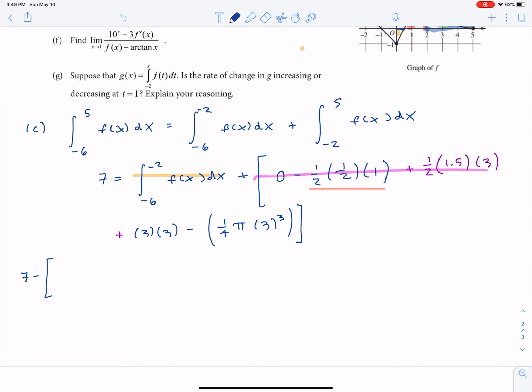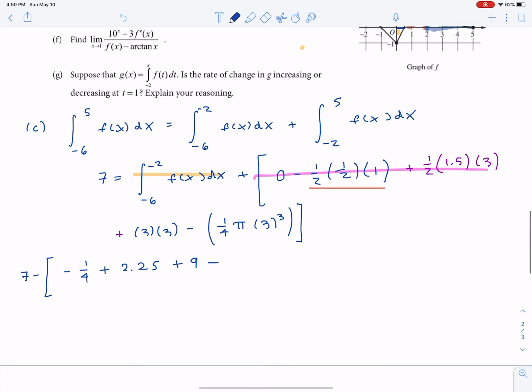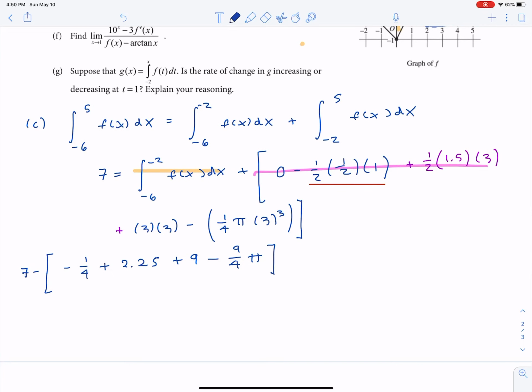So what is that stuff? 0, then 1/2 times 1/2 is 1/4, so negative 1/4, plus 1.5 times 1.5, which is 2.25, plus 9 minus 9/4 pi. Again, you didn't have to simplify it, you could have left it. In fact, maybe you want to, just to make sure you don't make any mistakes, because I may have made a mistake in there. But I'm going to assume for now that I didn't. So that is letter C.